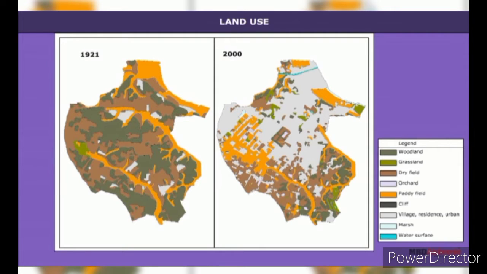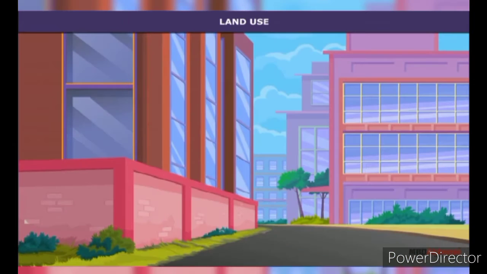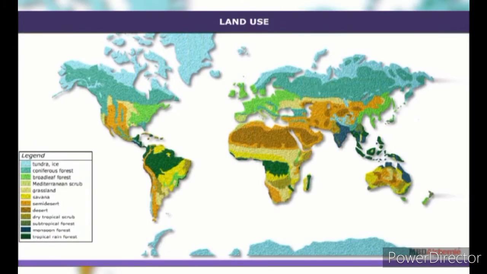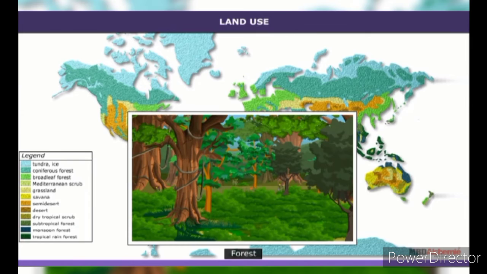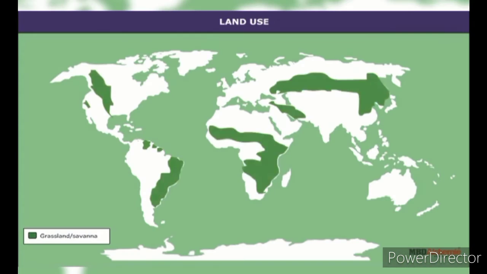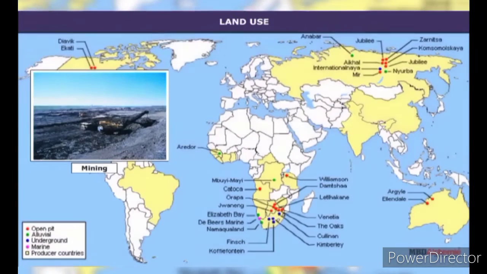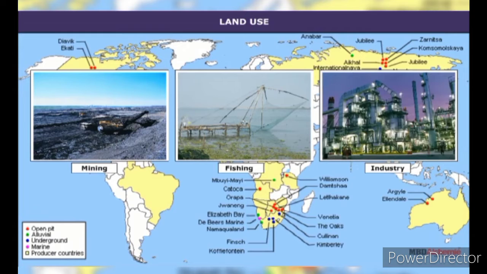Land use cannot be explained simply by the economic use of the land like agriculture, housing, and roads. Major land use patterns of the world are forests, arable land, pasture land or grasslands, savanna, mining, fishing, and industrial centers.